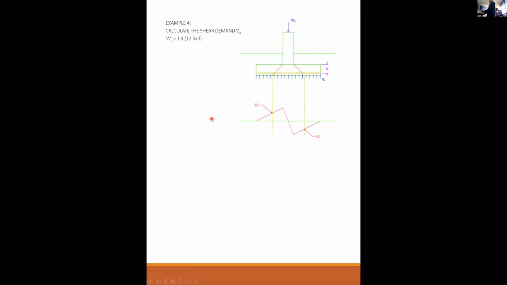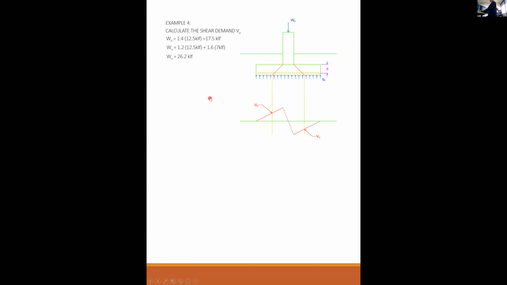So I have to factor this because now we're talking about concrete design, not soil pressure. WU is either 1.4 times 12.5 kips per foot, which is 17.5 kips per foot, or it is 1.2 times 12.5 plus 1.6 times 7, dead load, live load.